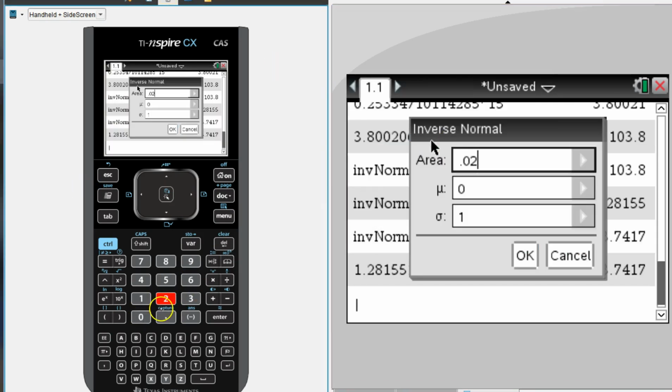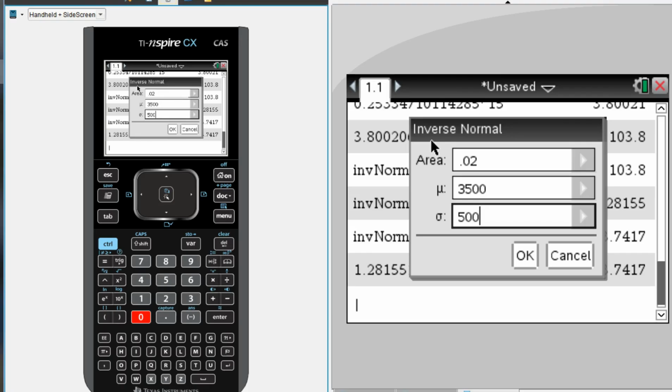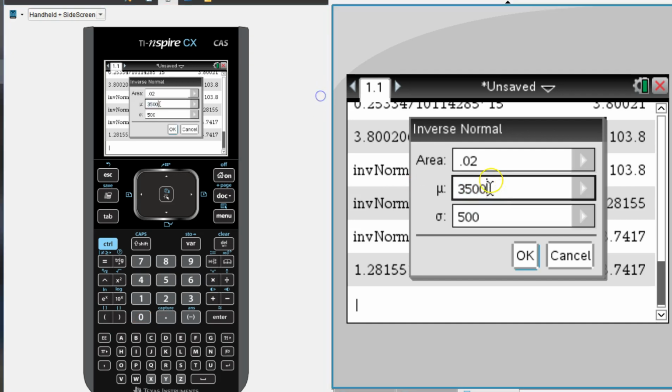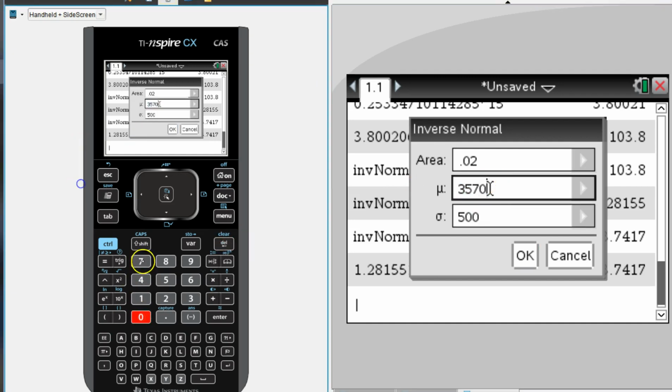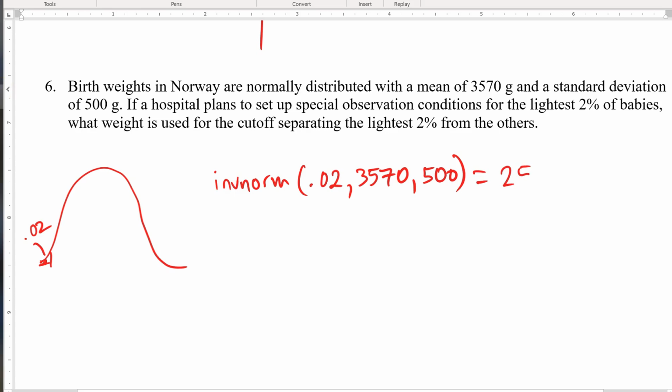The lightest 2% of the babies with a mean of 3,500 and a standard deviation of, I think it was 500. 3,570. So let's go back and change that to a 70. Okay. 2,543.13. So anyone less than that, this would be the lightest 2% of the babies.